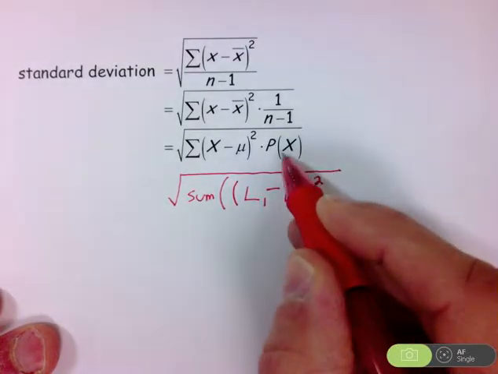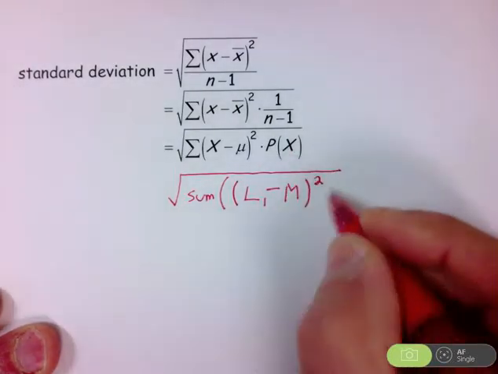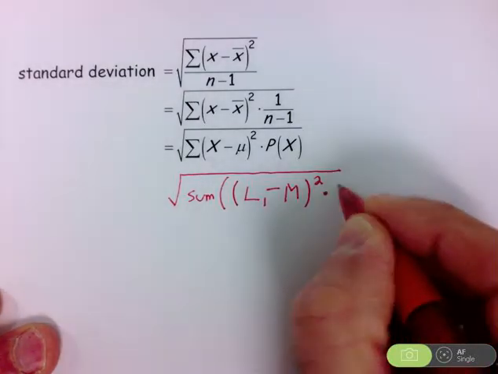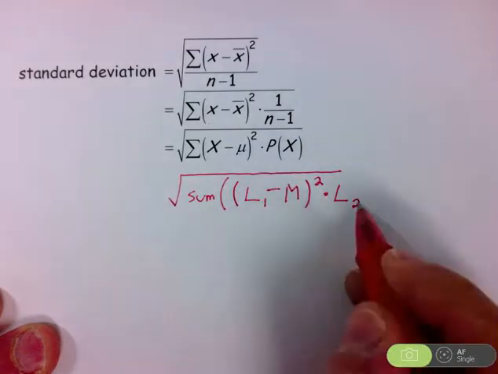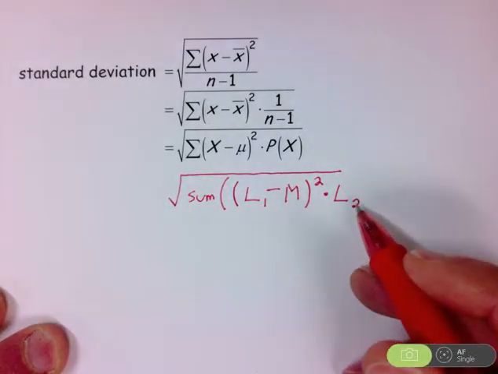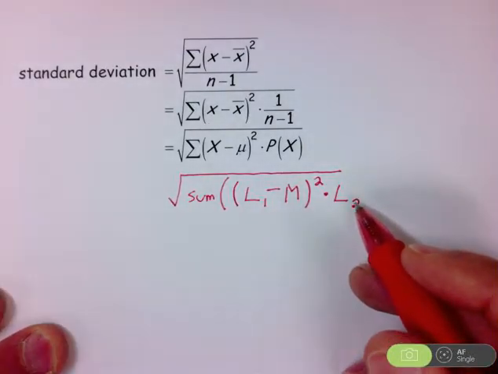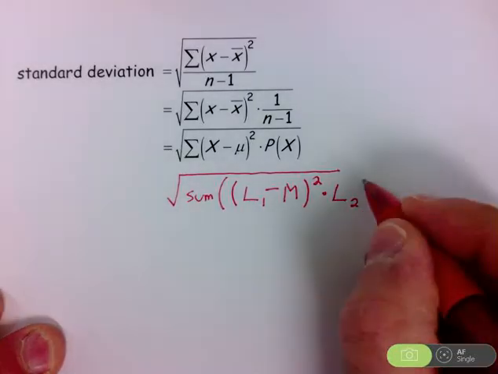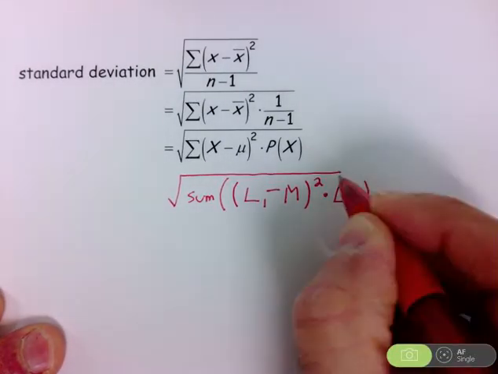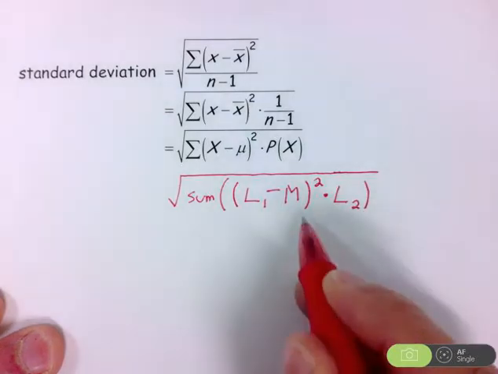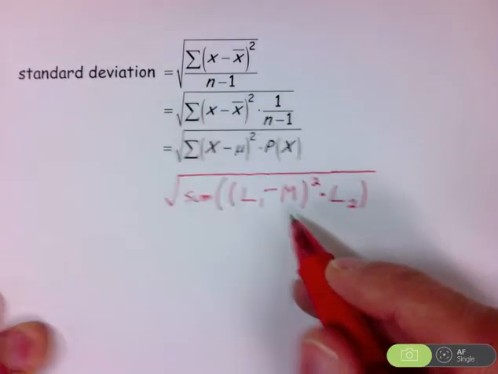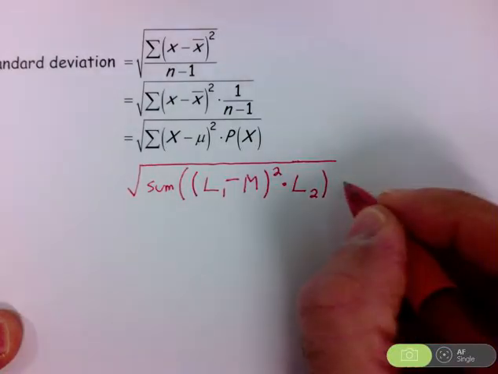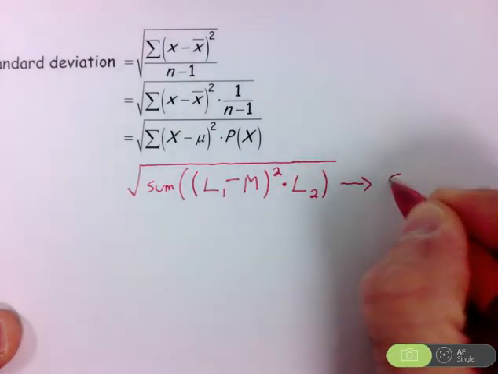Then notice the probabilities are already in list 2, so I'm going to multiply by what is in list 2. This is what I want to take the sum of. So now I will close my summation symbol. Here we go. This expression then will represent the standard deviation, so we need to store this into a variable that we can display also. We'll store this into the variable s.